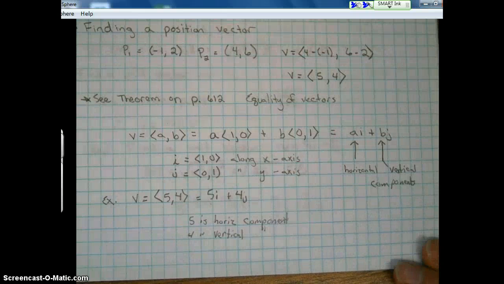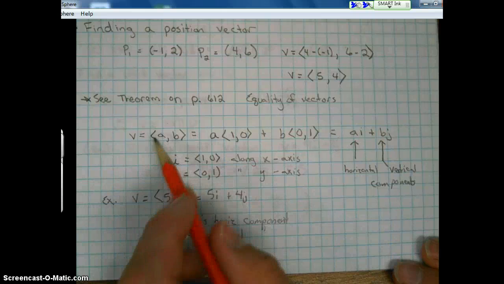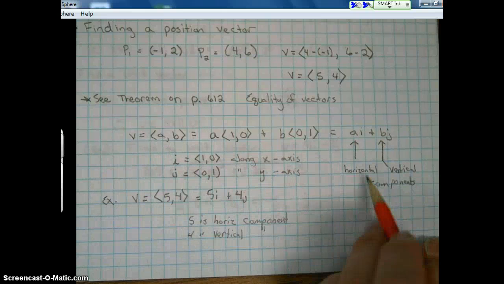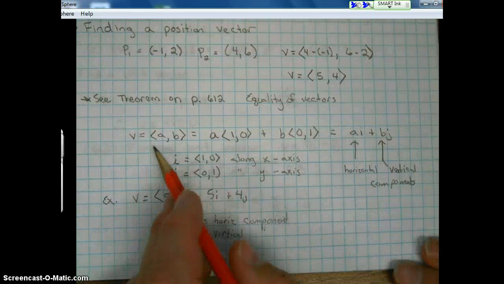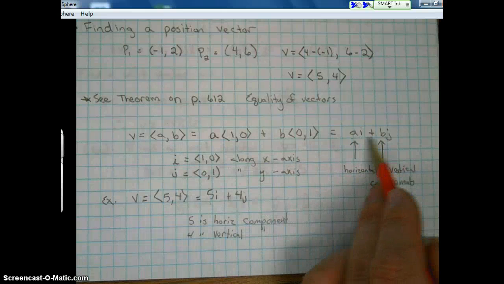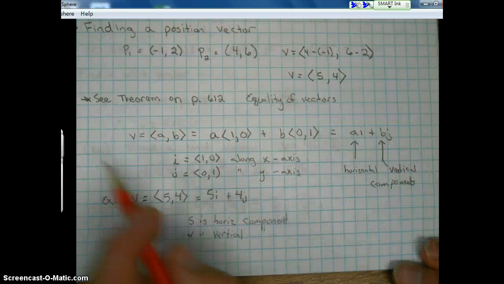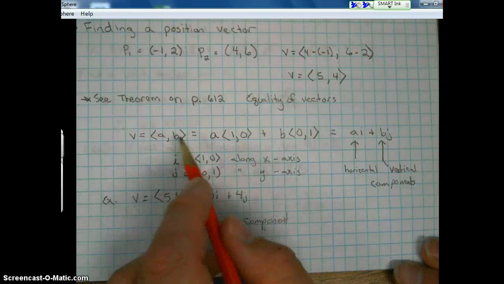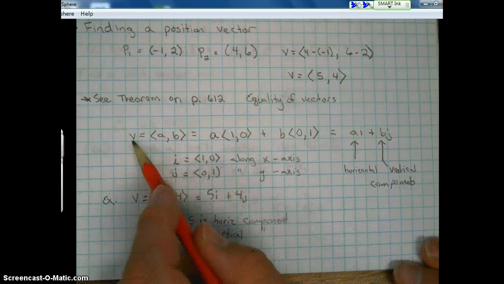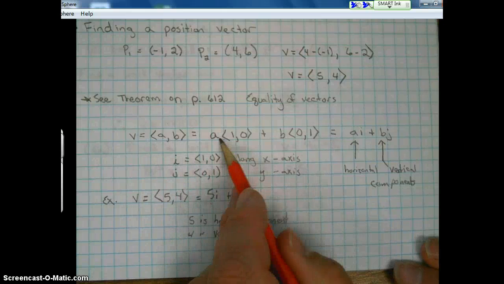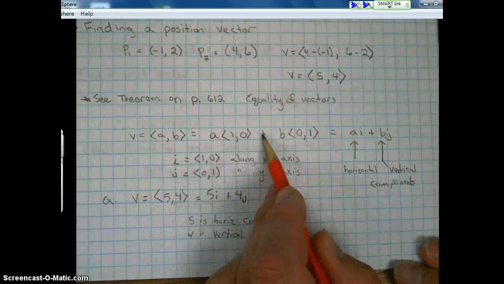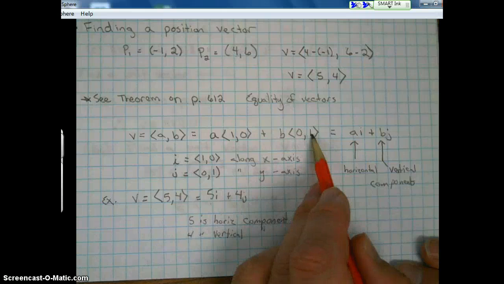Alright, this last thing we're going to cover right now is the components, writing them in this format. We have this vector can be rewritten as a times 1 comma 0 plus b times 0 comma 1.